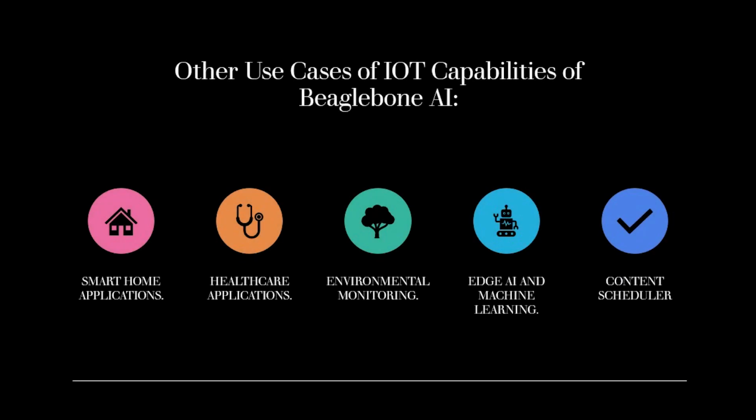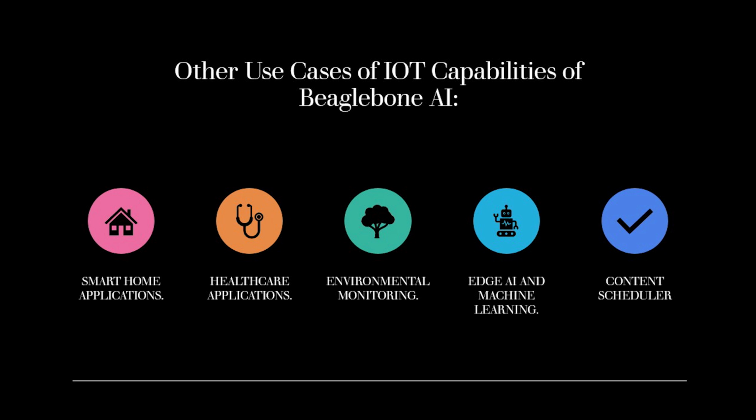While we were studying BeagleBone AI IoT capabilities, we came across some other use cases. Some of the use cases are smart home automation. So basically, we can use BeagleBone AI to create a smart home system, such as controlling lights or thermostats.